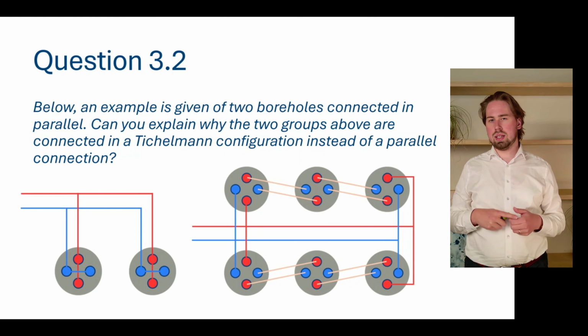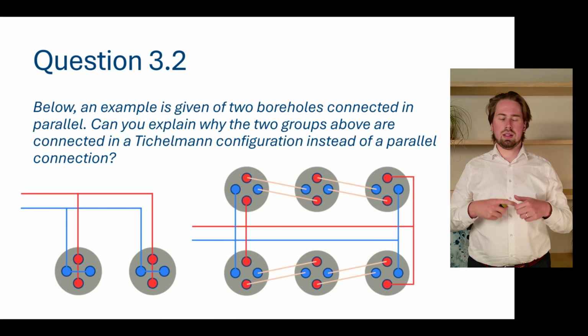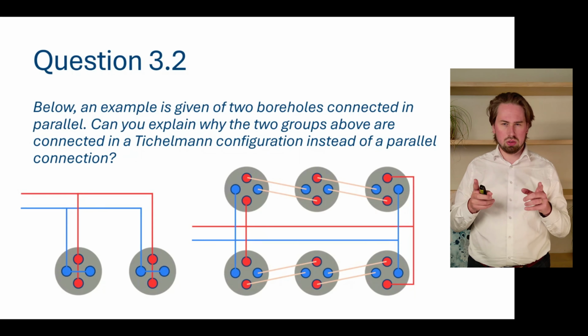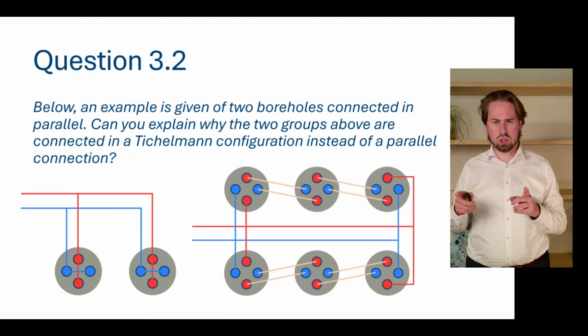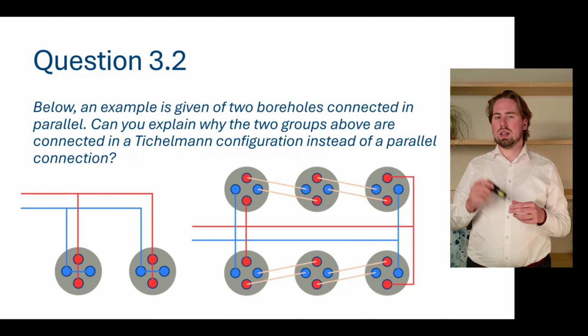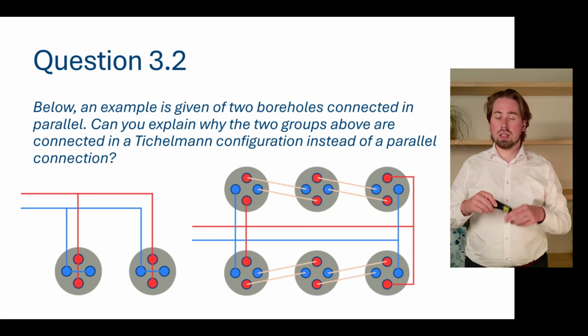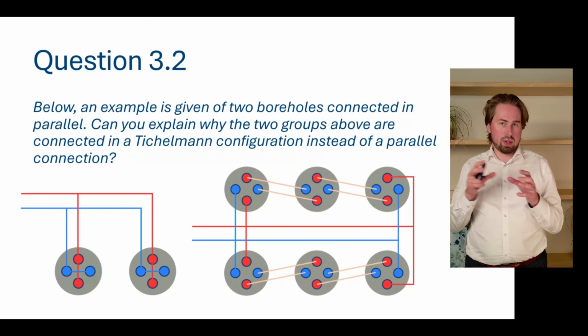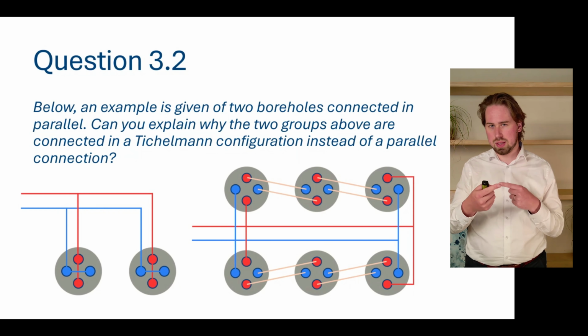Now, why do we say that the figure on the right is then a Tickelmann connection and not a parallel connection, although they look very similar when you just follow the red lines? And the reason for that is that no matter the path you select, the length is always the same. And that's because of 2 things. First, we have these 3 boreholes connected in series, so the flow rate through each of them is the same.